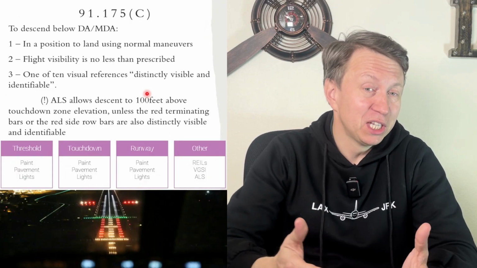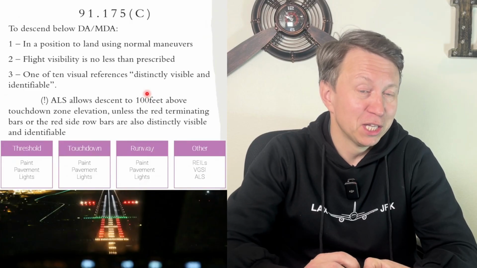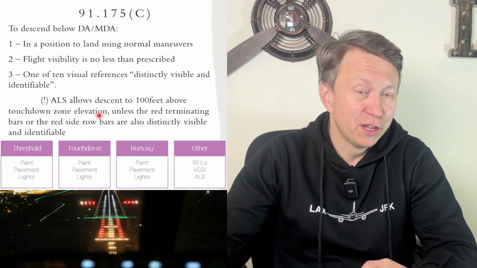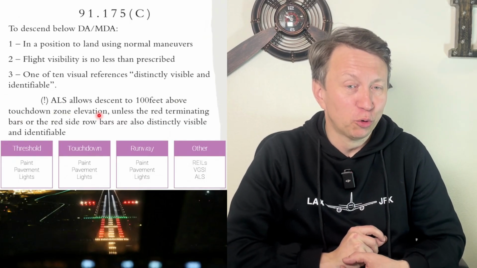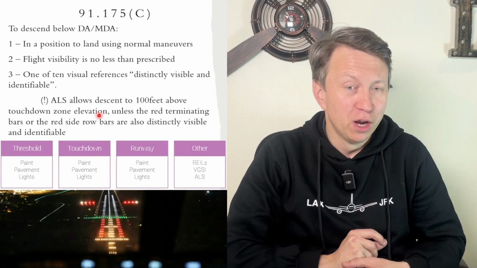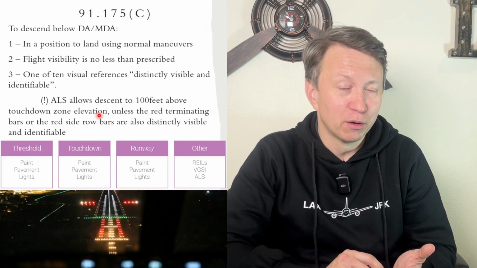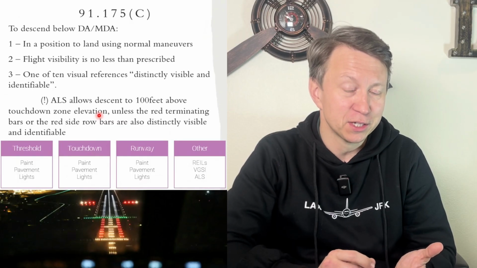To simplify, basically another 100 feet from where decision altitude is, but the specific wording is 100 feet above touchdown zone elevation. And that creates almost a secondary decision altitude for the precision approach, when you either see remaining visual references or you have to go missed if you still see nothing else.